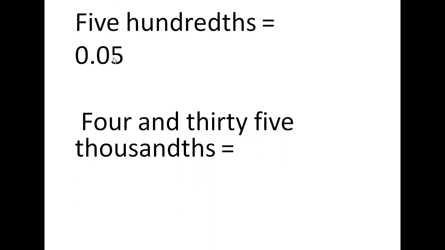"And" is used for decimal, and 4 is a whole number. So 4.035. 35 is hundredths, 5 is thousandths, 35/1000.